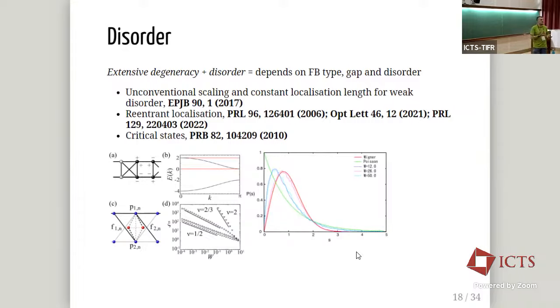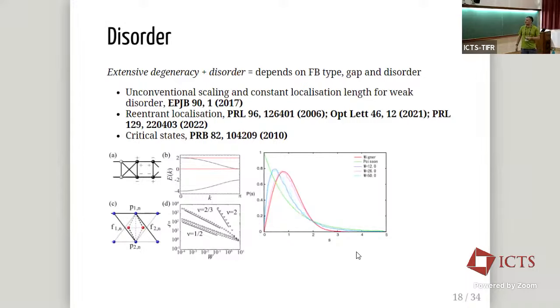The few things that were known before we started our investigation: in the case of weak disorder, if you take a flatband and add weak disorder, you wonder how the localization length scales in the limit of weak disorder.